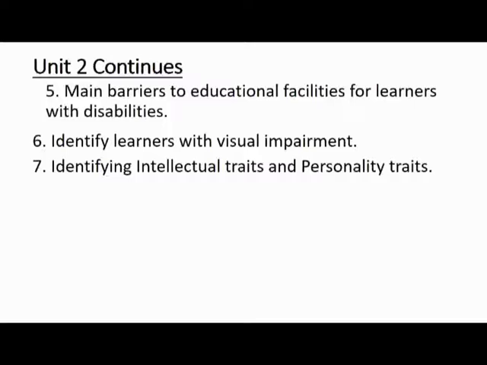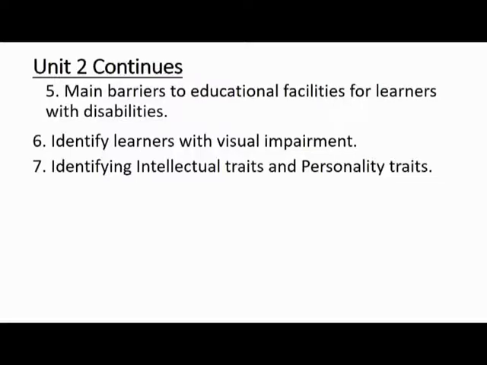Number 6, you should identify learners with visual impairment. So how do you identify a learner in your class with visual impairment? Number 7, identifying intellectual traits and personality traits.